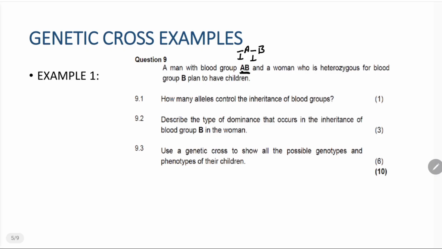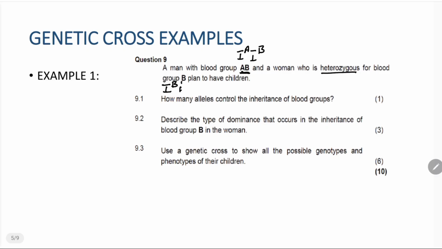And a woman who is heterozygous for blood group B. They were so kind to tell us that this woman is heterozygous. We know that the word hetero in this instance simply means different, meaning that our genotype is going to be made up of different alleles. So, for this person to have blood group B and also be heterozygous, the only possible genotype is capital I to the exponent of capital B, small letter i.